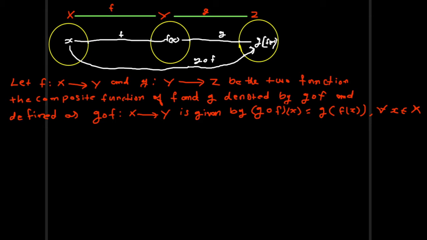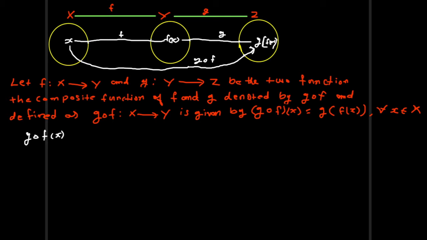Okay, so this g of f of x means the composite function of f and g. That means once f is substituted in g, you will get a composite function. So once a function is substituted in another function, we will get the composite function g of f.